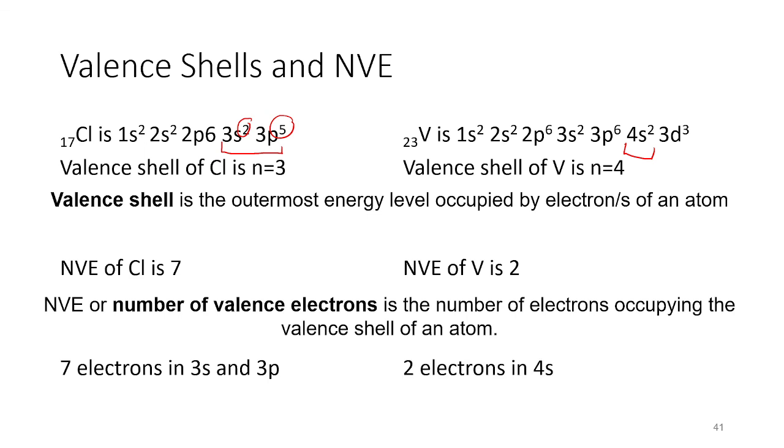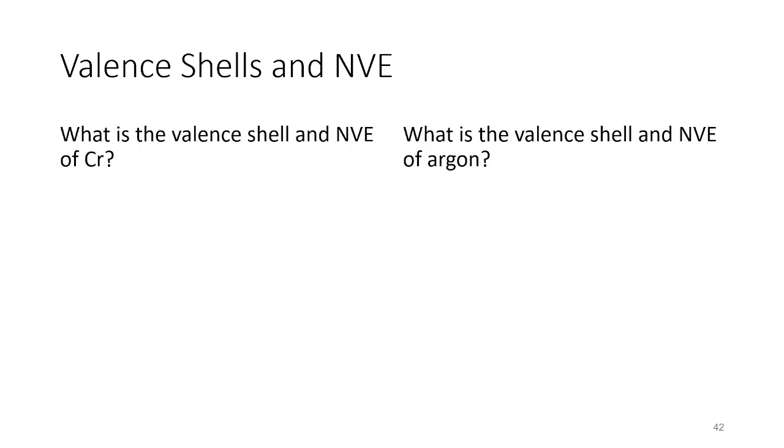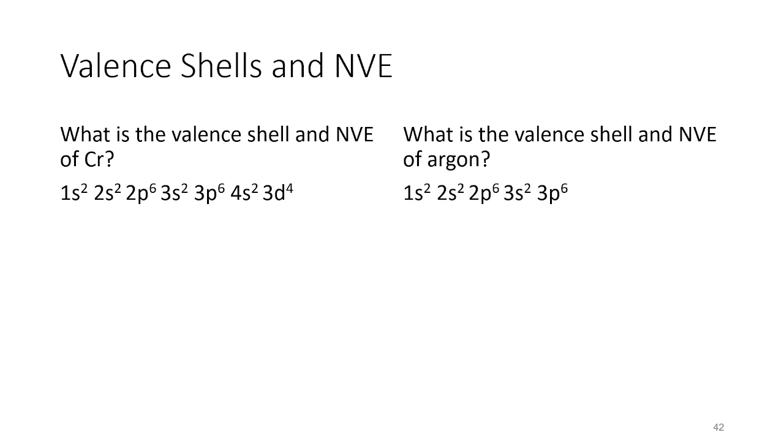So in that, what is the valence shell and NVE of chromium, and what is the valence shell and NVE of argon? So this is the electron configuration of chromium, and this is for argon.